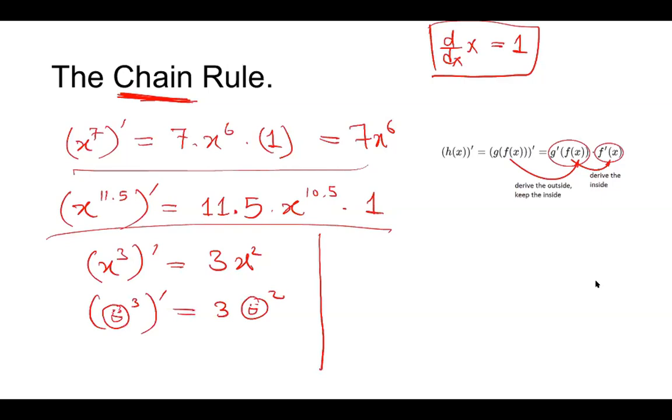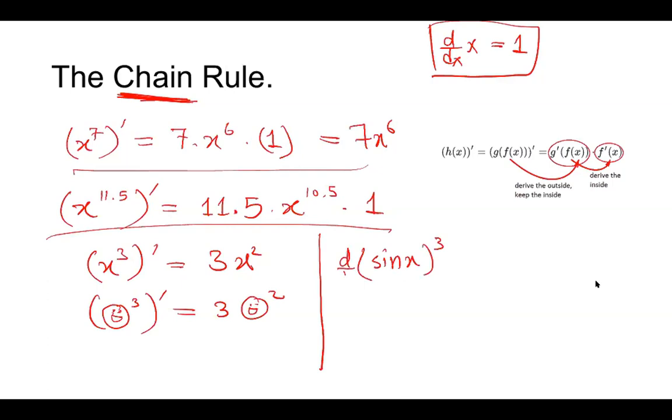This time, we know that the derivative of x cubed is 3x squared. Now let me say that x is sine x. X can be anything, right? X can be y, sine x, log x, or whatever. So I'm simply replacing x with sine x. If I want to find the derivative of sine x cubed, what happens?